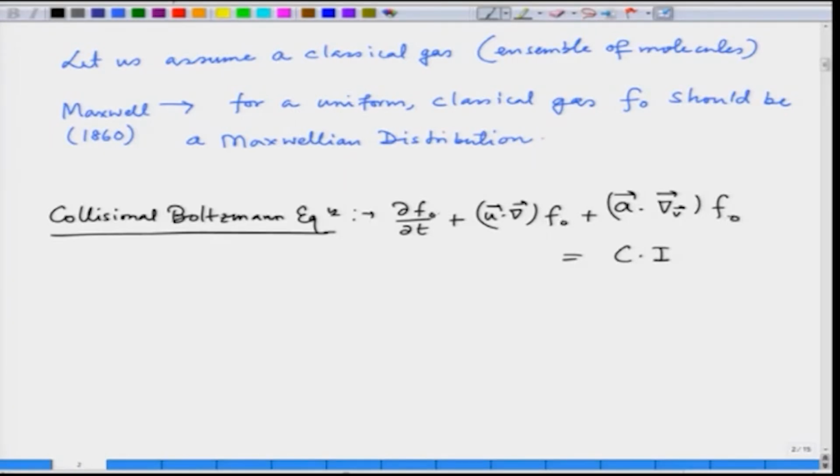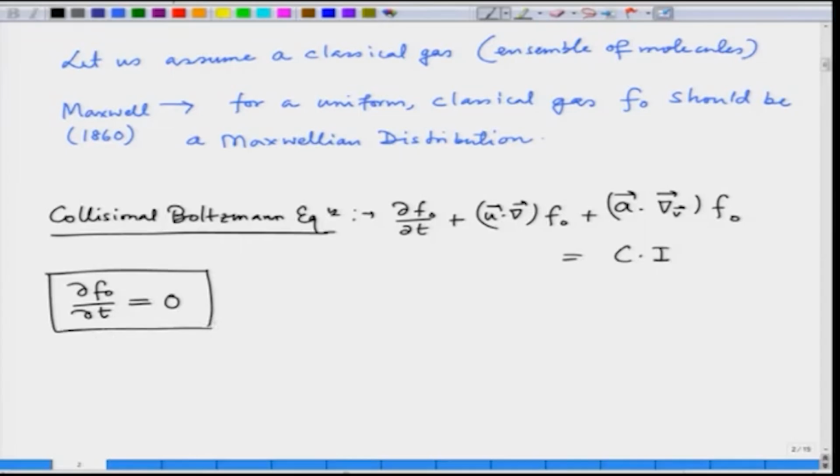Now, one thing we have to understand: if the gas is left for a long time, then it will tend towards an F which is equal to F0, and that F0 should not explicitly depend on time.